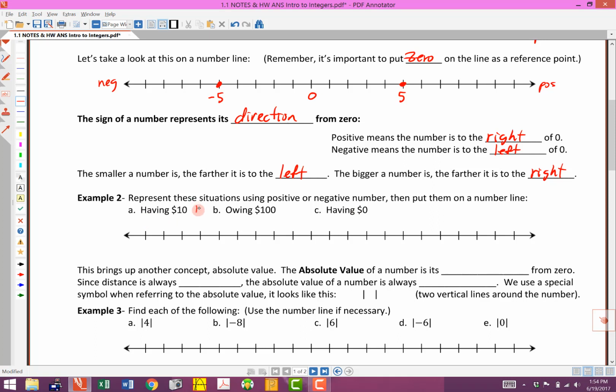We're going to represent that with the number 10, and I'm going to put a dotted circle around that because we're going to use that again in just a second. We're going to say owing $100. Owing would be represented with a negative, so that's going to be a negative 100. And then having $0, well, that's just going to be the number 0. The integer that would represent that would be 0.